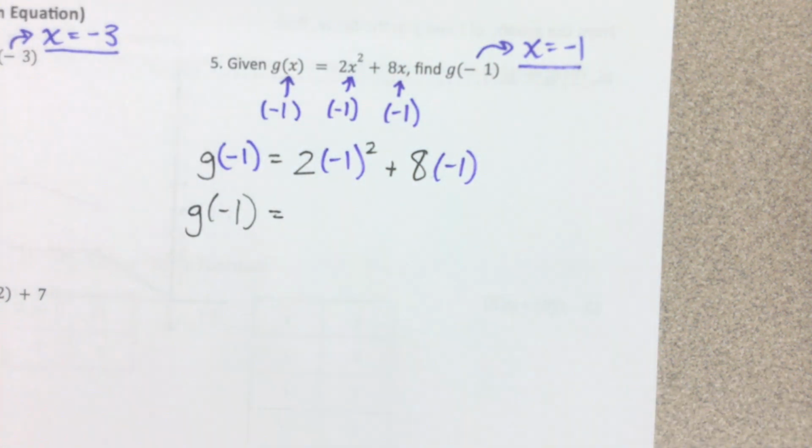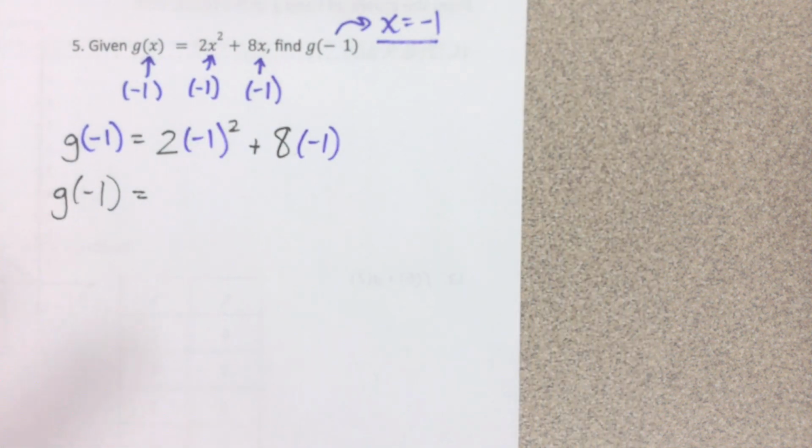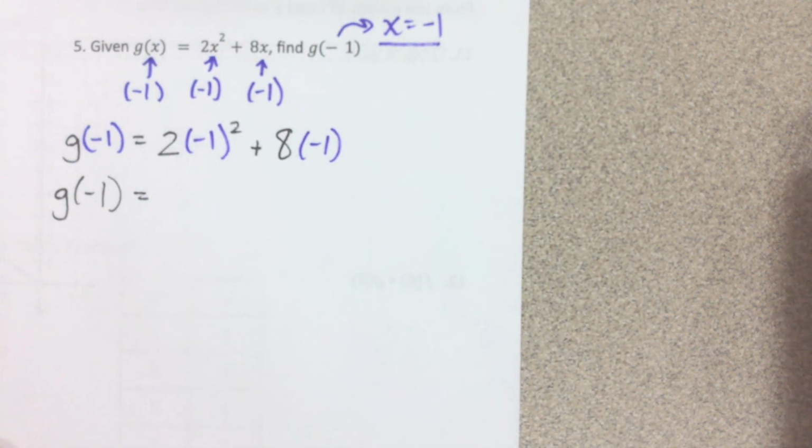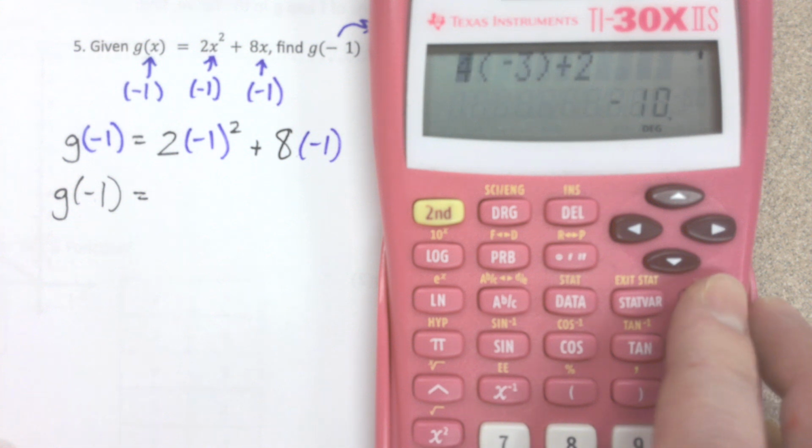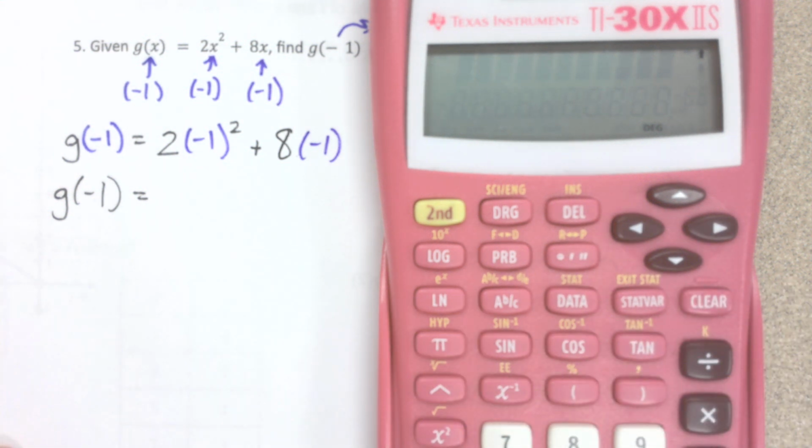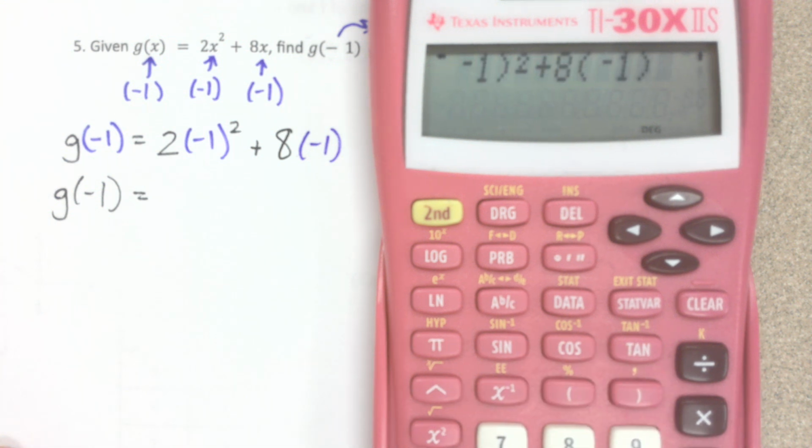And then we just use our calculator. And I strongly recommend the calculator on this one, especially when we have exponents. If we don't do order of operations correctly when we're doing it in our head, that can make some major mistakes there. 2 times negative 1 in parentheses, squared goes on the outside of the parentheses, plus 8 times negative 1 in parentheses.